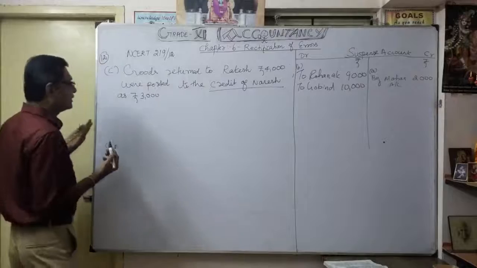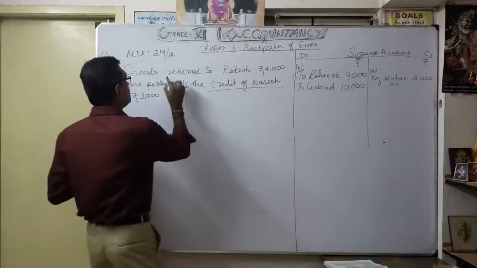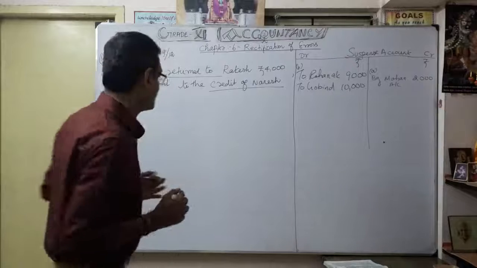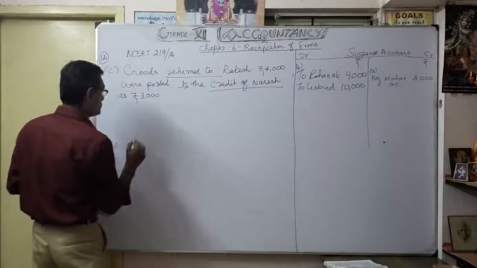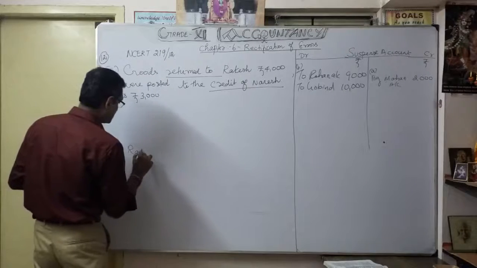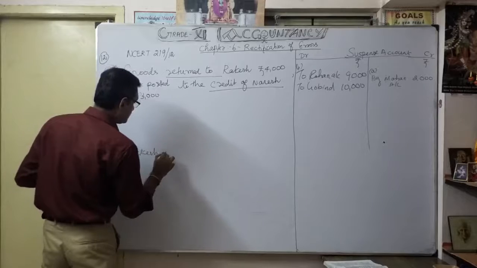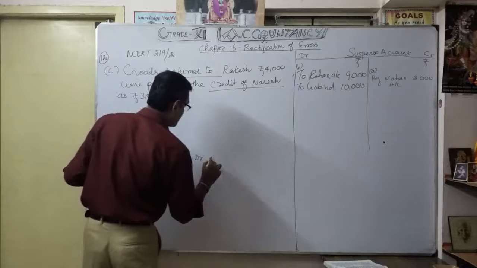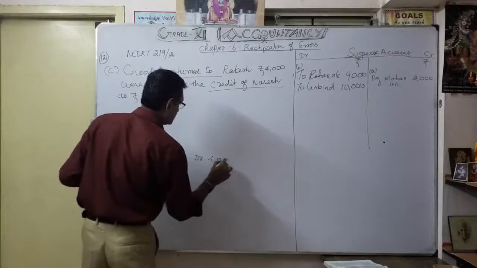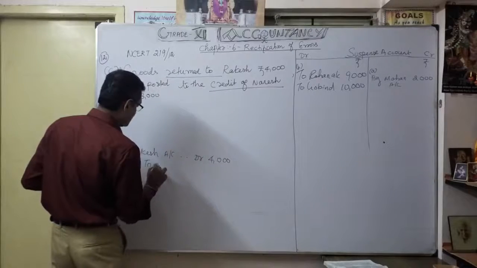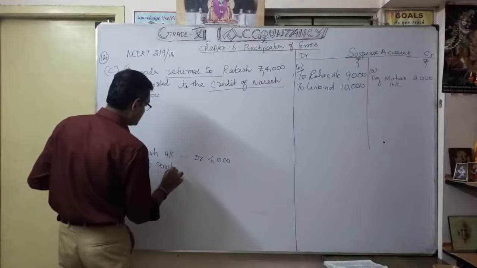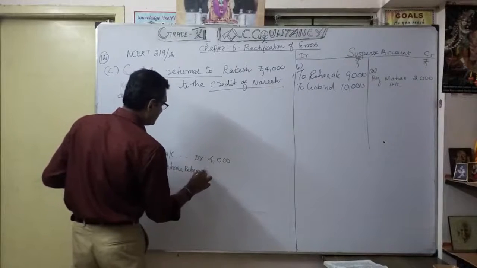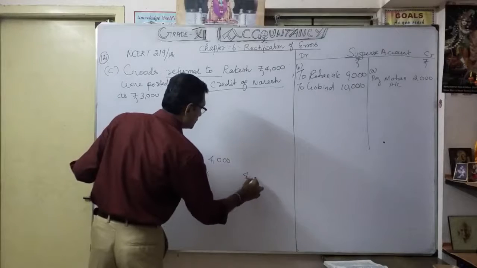So what is the entry? Return to means it comes under purchase return, isn't it? How to write? As you know, Rakesh account debit, how much? 4,000, to purchase return account 4,000.